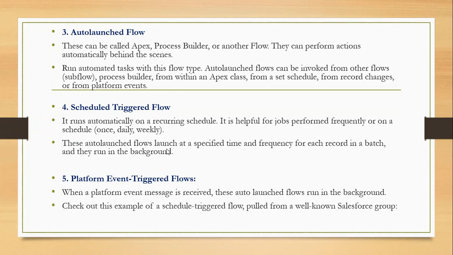This auto launched flow launches at a specified time and frequency for each record in the batch, and they run in the background. Next question. Platform event triggered flow. When a platform event message is received, this auto launched flow runs in the background. Check out the example for schedule triggered flow from the well-known Salesforce group.